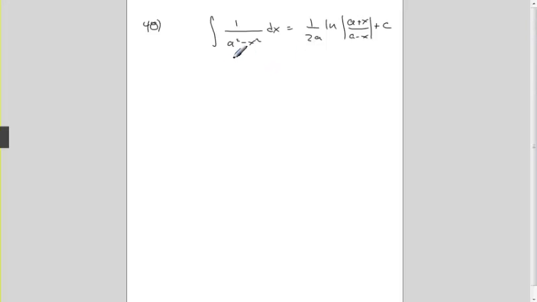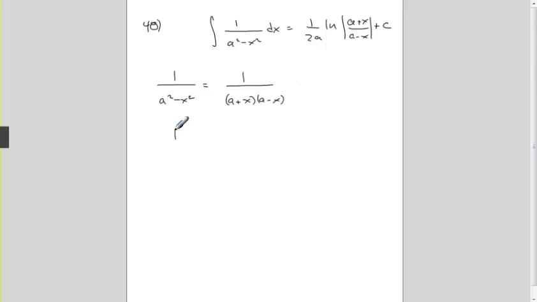So what we're going to do is look at this fraction and rewrite it as two fractions. Now, you can factor this. So before we do that, we have to factor the denominator. So we have a plus x and a minus x. You can see that's where those come from up here.